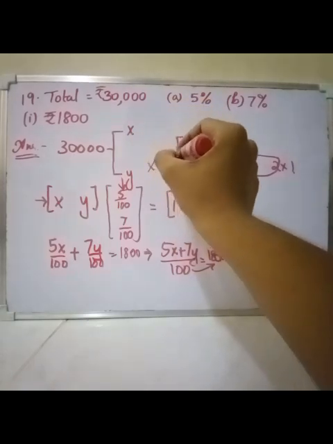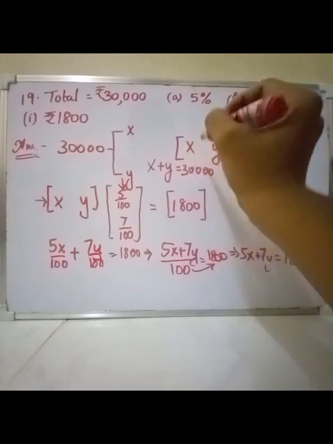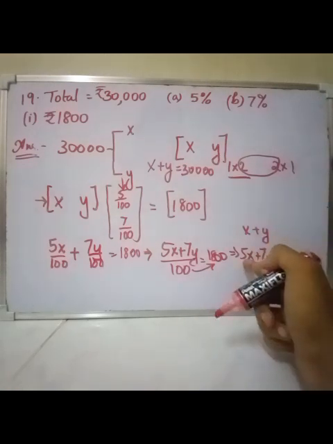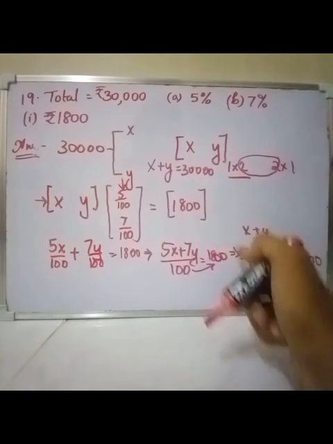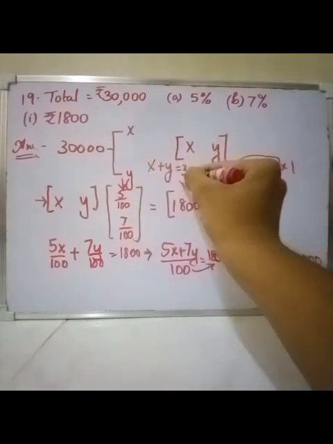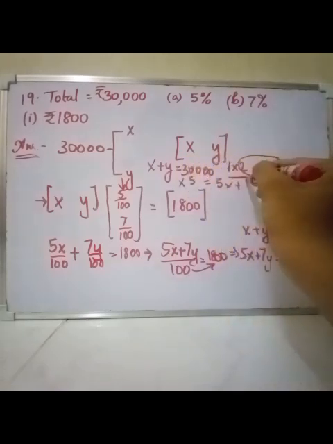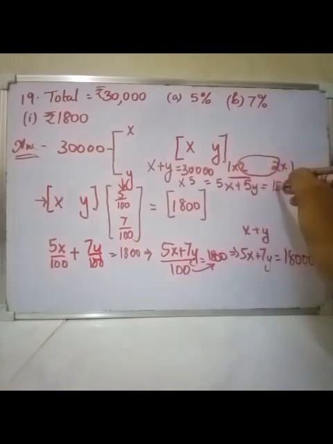So now from this part of the question, what we did, we can find out that X plus Y is equal to 30,000, right? So now we have to cancel each other out, so we are making X coefficients the same. Here we are having 1, right? So multiplying this equation by 5 to get 5x plus 5y equal 150,000 or 1.5 lakhs.